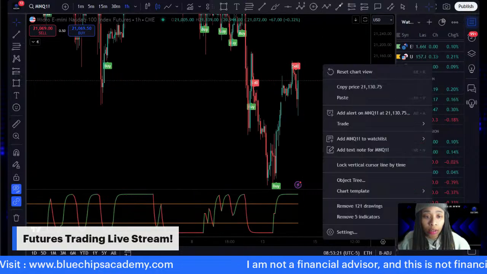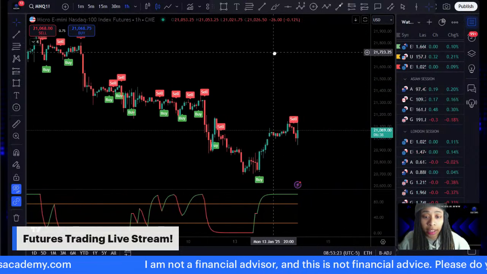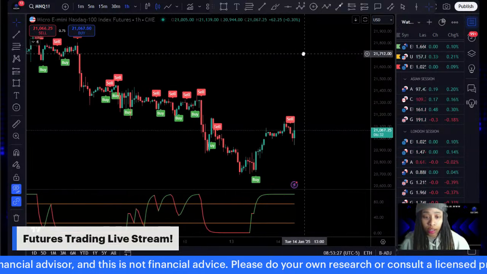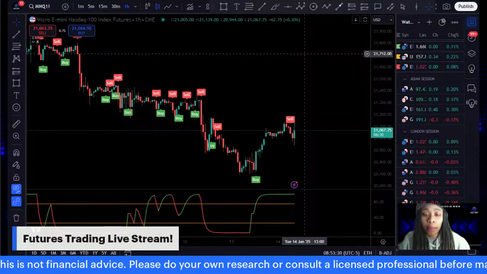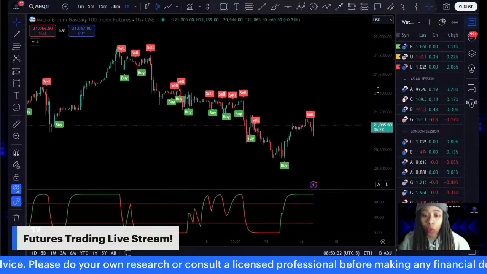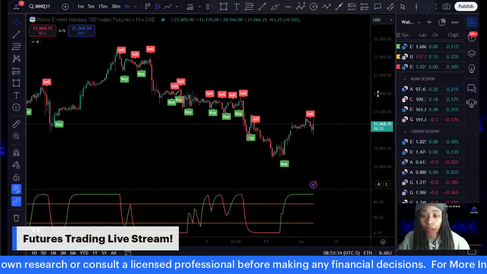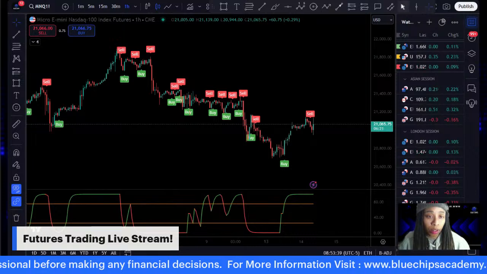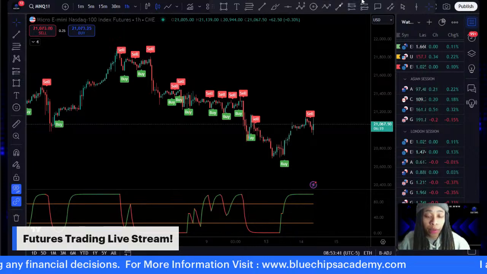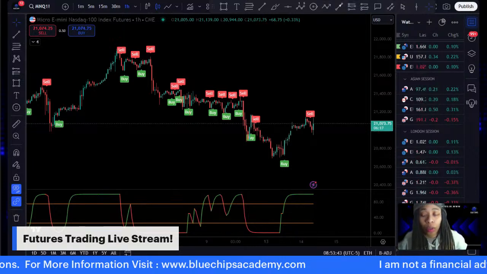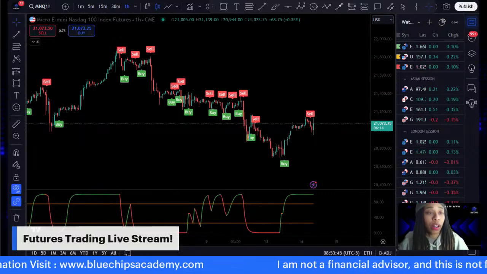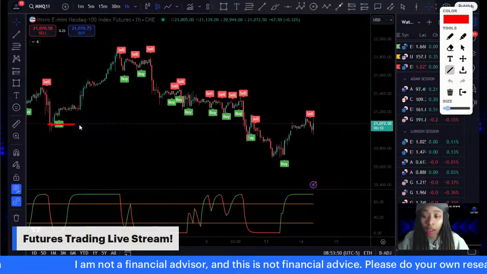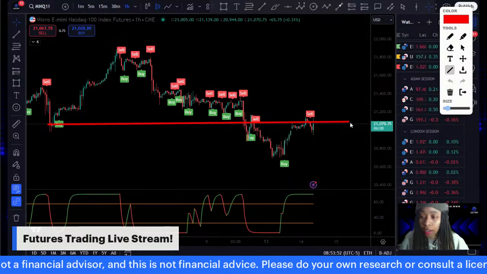So TDA, top-down analysis. What are we looking for? We're looking for pivotal moments in the market where it found support and resistance. I'll go through what support and resistance is, but we're looking for those pivotal moments. So let me put a line across this level right here.